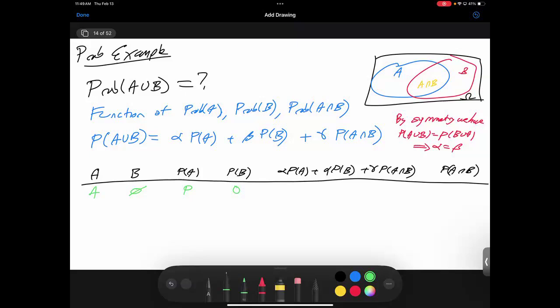Alpha P. And what's the probability of A intersect B? You've got to be in both A and the empty set. Nothing's in the empty set. And the probability of A union B. Sorry, my apologies. And what should the probability of A union B equal? It should just be P.